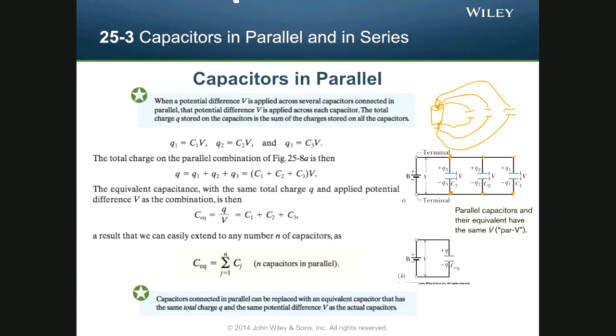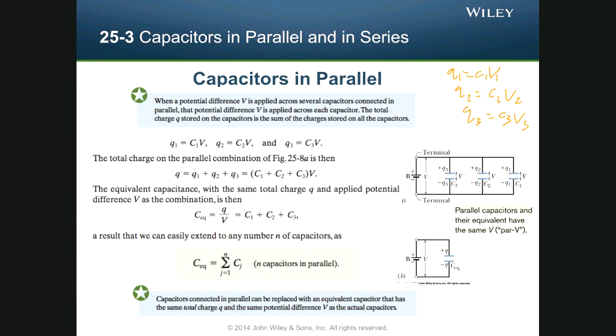So as you look at the voltage, you can write Q1 equals C1 times V1, Q2 equals C2 times V2, and Q3 equals C3 times V3.